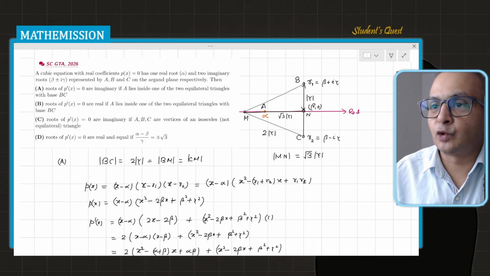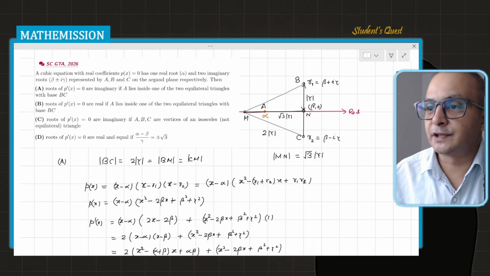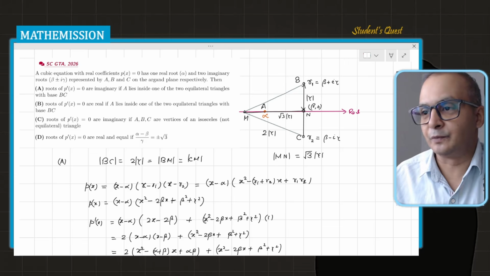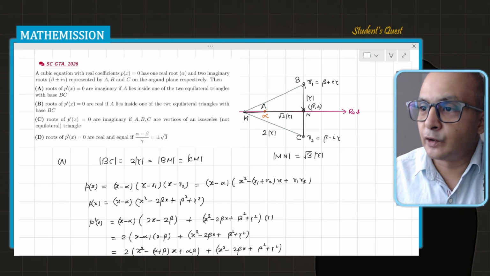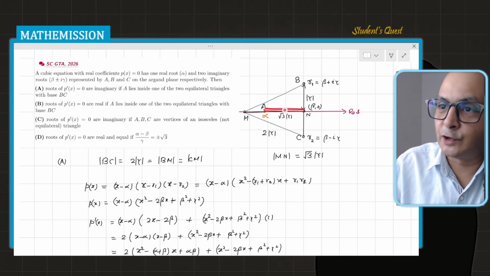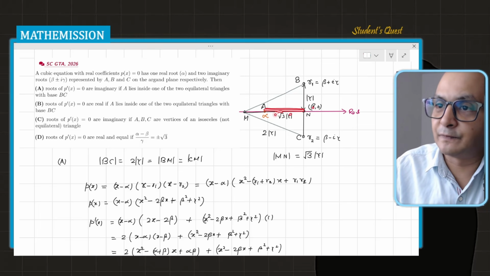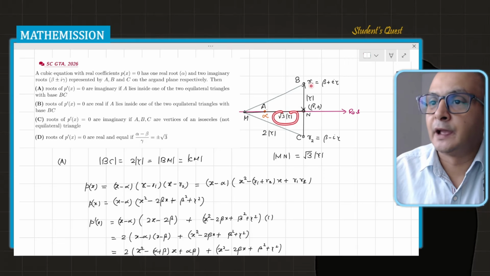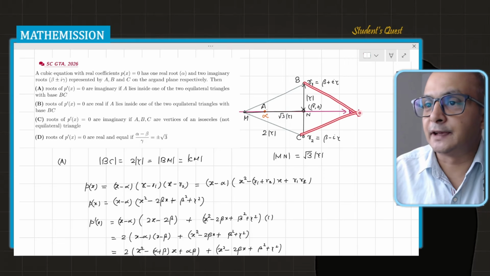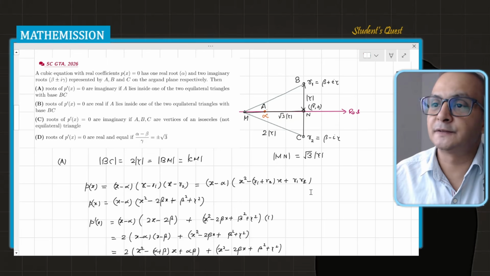Suppose you want to locate alpha. What is happening is very interesting. If you want to locate alpha from this beta, if you are going this side, you are taking beta minus root 3 mod gamma, and if you are drawing a triangle this side and alpha is there, then you can say beta plus root 3 gamma.